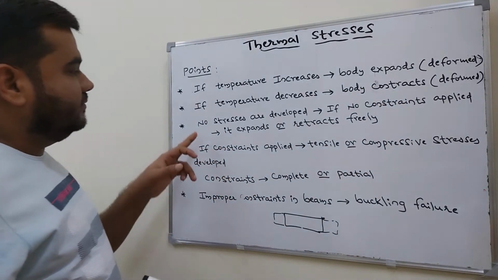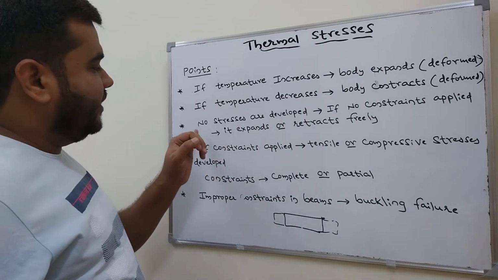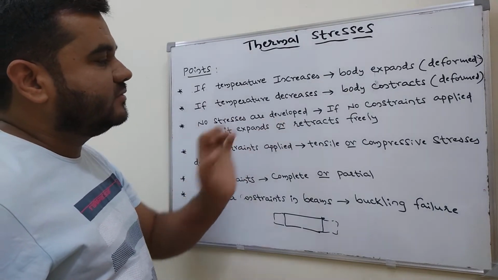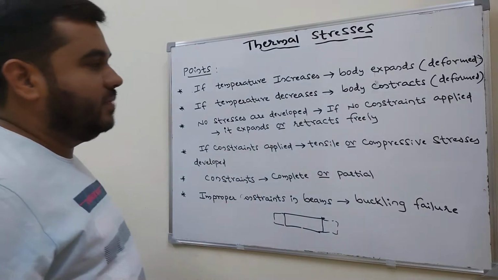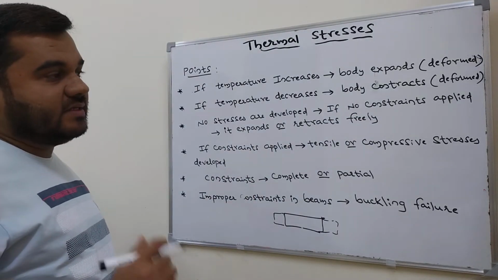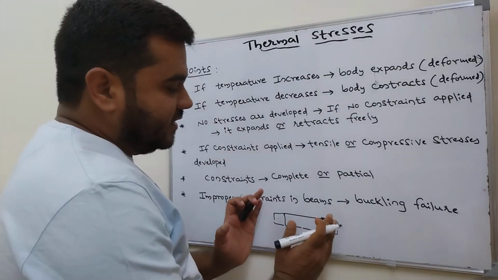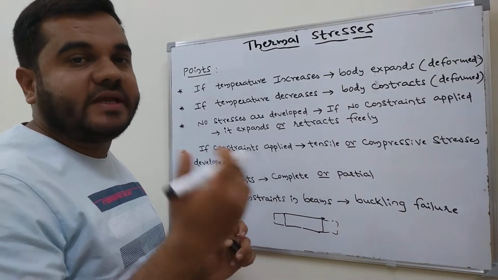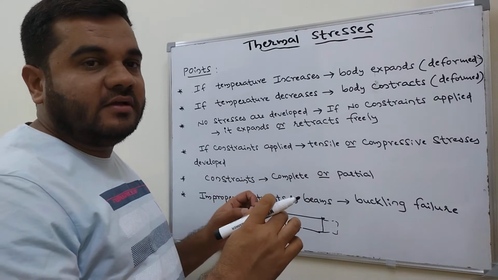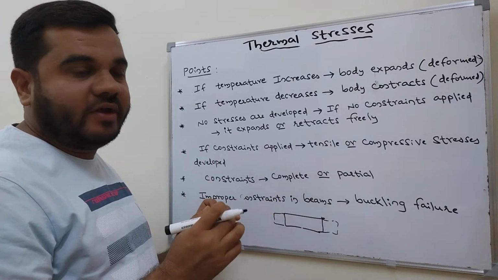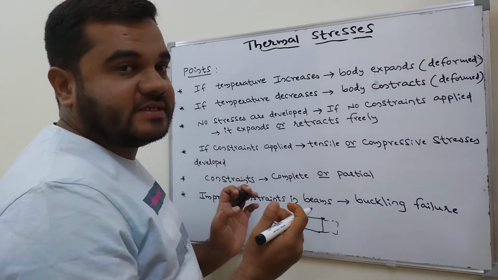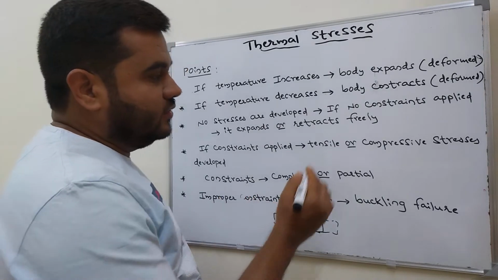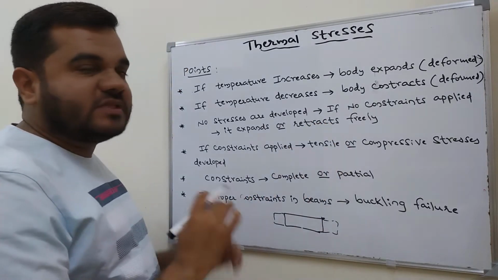The third point: no stresses are developed if no constraints are applied. What do you mean by constraints here? To avoid stresses due to the increase or decrease in temperature, in a civil structure or anywhere in the environment, we need to apply constraints. Without constraints, no stresses are developed.